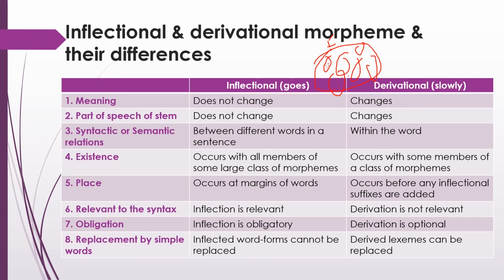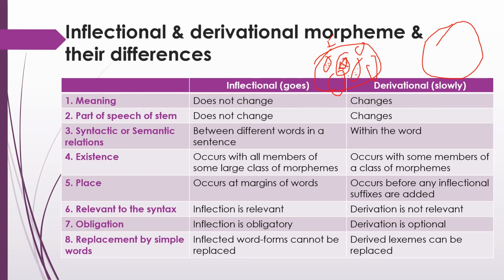So inflectional morpheme will not work with all those classes, rather it may work with 1, 2, 3, and in these 3 it will work with all the morphemes inside. So that's why we refer to it as some large class of morphemes. But a derivational morpheme works with some members of a class of morphemes. Not everyone in this particular morphological class, but some members in this class of morphemes.